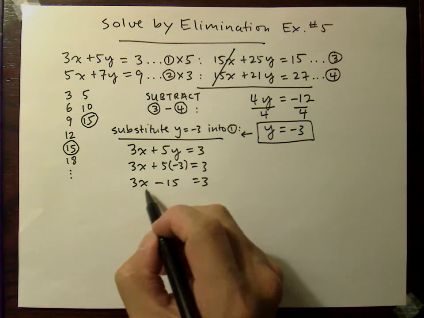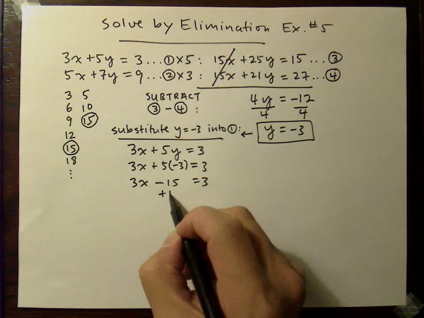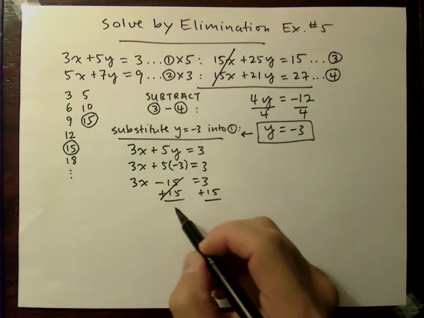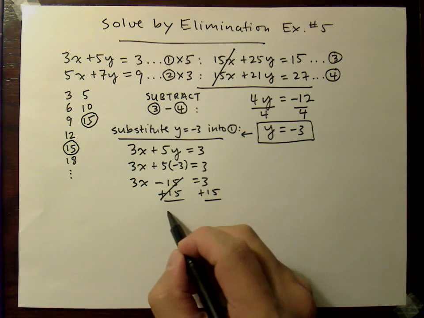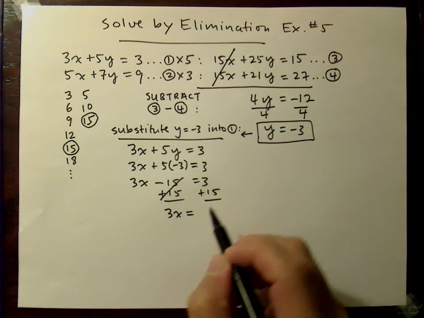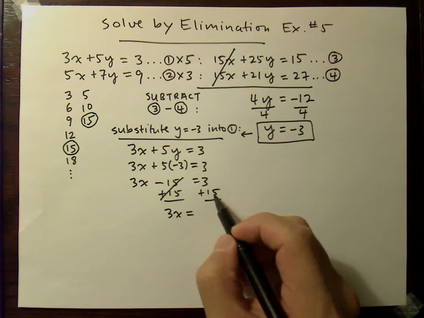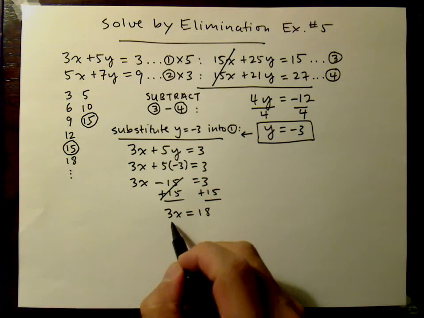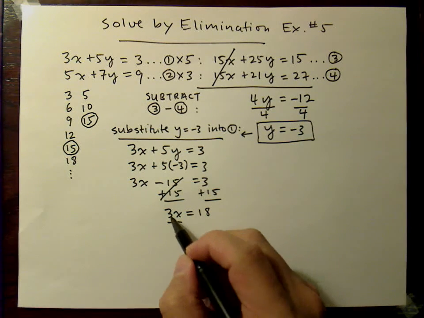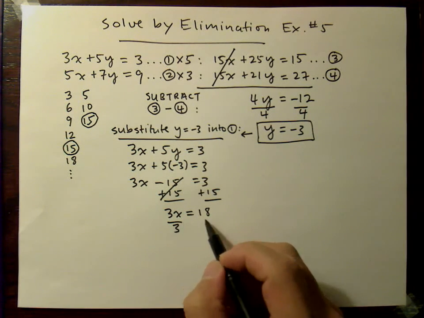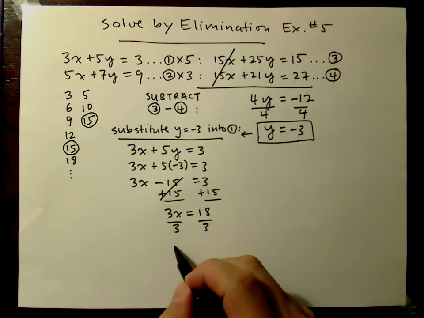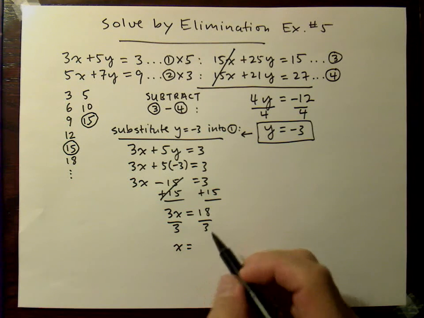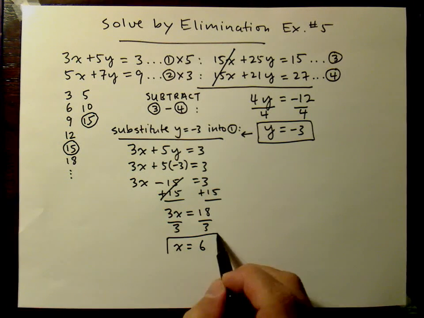In order to isolate x, I will first add 15 to both sides, which then gets rid of the 15s on the left side, leaving only 3x equal to 3 plus 15, which is 18. Again, to isolate x, if I divide by 3, 3 divided by 3 becomes 1. It means 1x, and dividing the other side by 3, I get 18 divided by 3, which is 6.